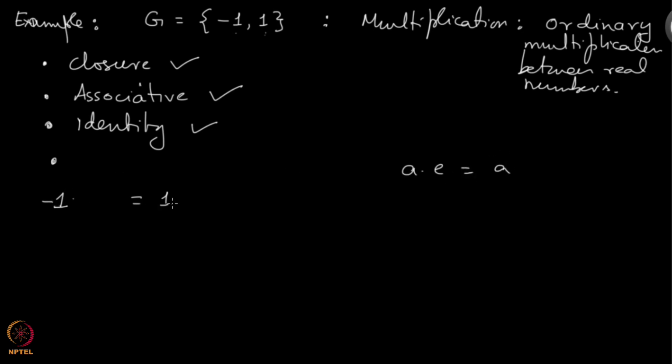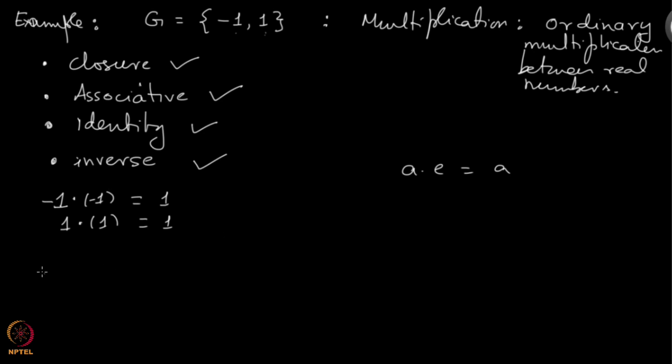So, minus 1 times what gives you 1, and that is minus 1. So, minus 1 is inverse of itself. The only other element is 1, and 1 times 1 is 1. So, we do have inverse for each element. So, G forms a group under multiplication.